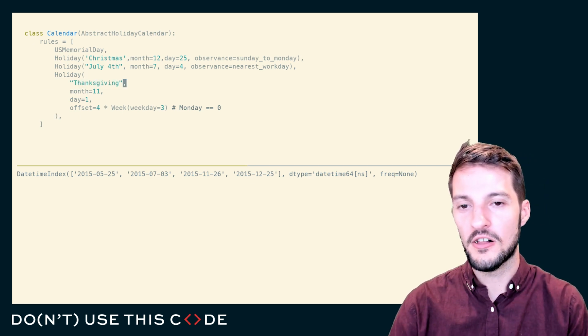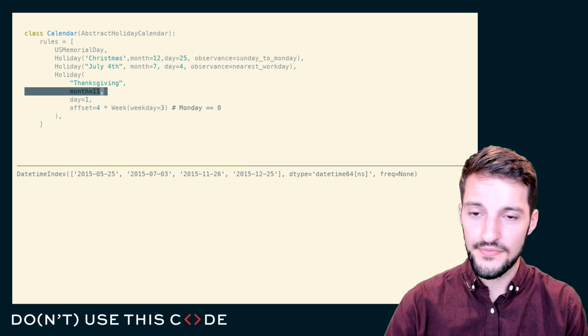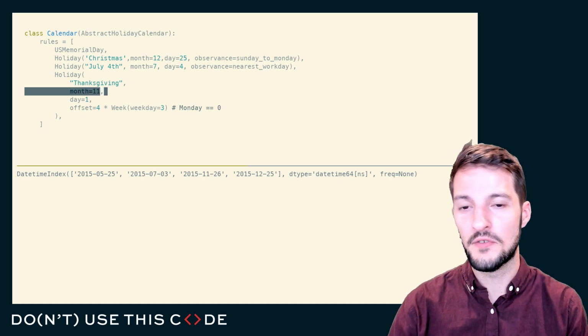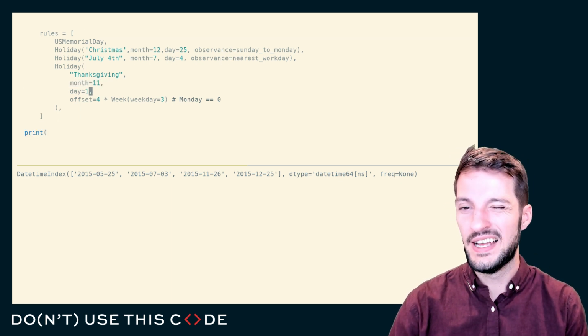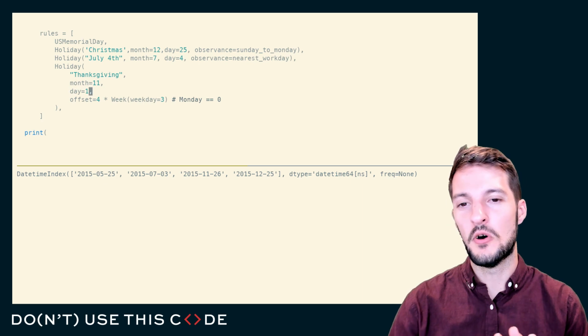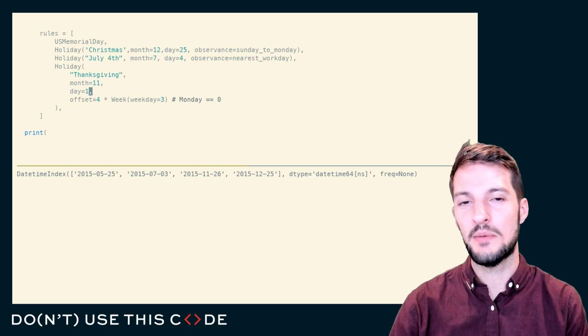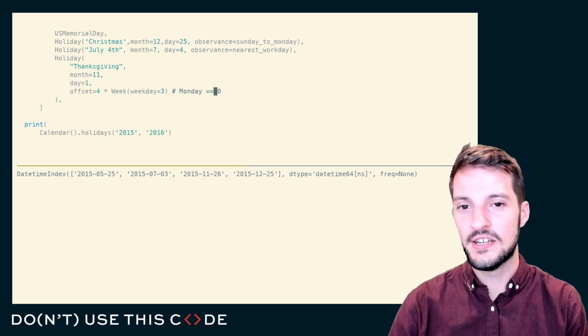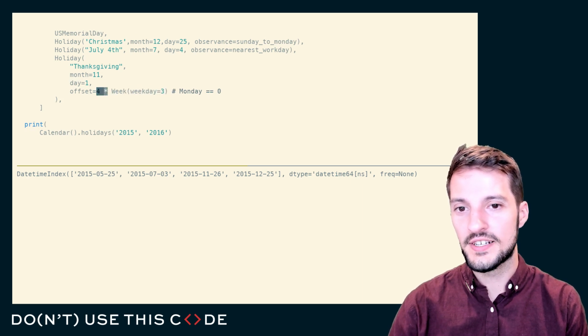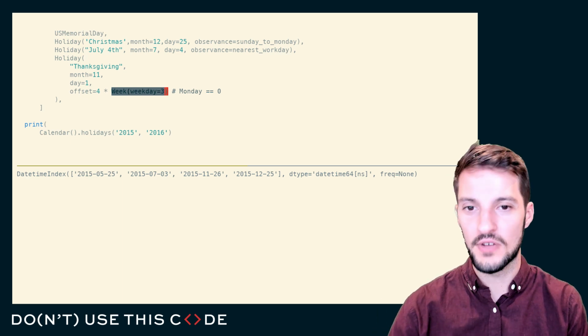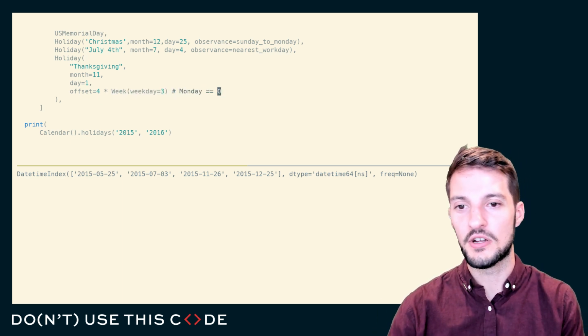And so if I just make a holiday, and I call it Thanksgiving, and say this holiday happens on the 11th month of the year every year, and we're going to start at day 1. Now I know that Thanksgiving doesn't happen on November 1st. Instead, we're going to offset our day by 4 weeks, right, starting anchored at Thursday. The third weekday when you're supplying a week is Thursday. We start at Monday being 0.